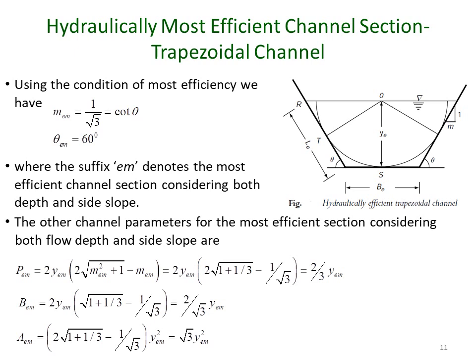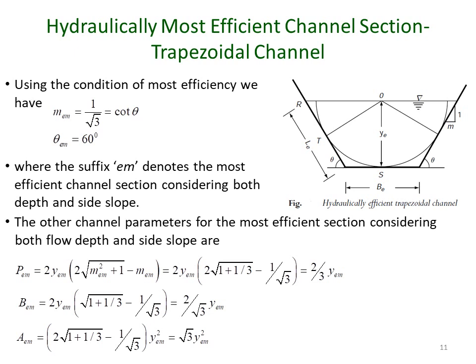In other words, for the hydraulically most efficient trapezoidal channel section, the angle of inclination of the side slope will be 60 degrees.